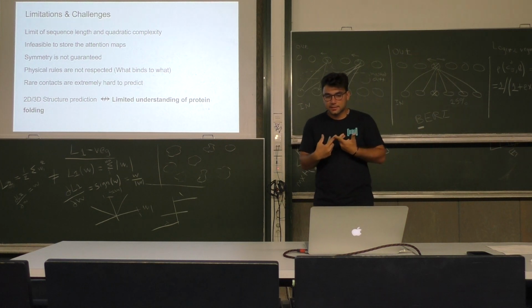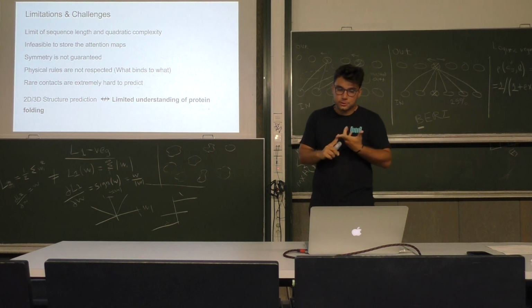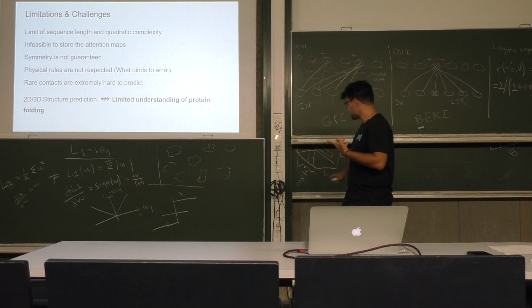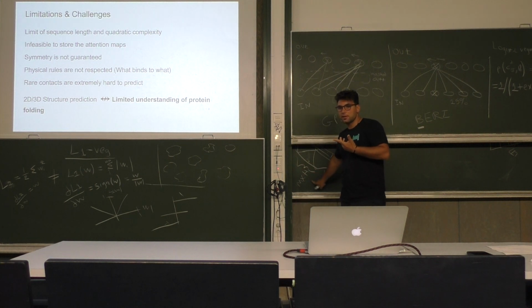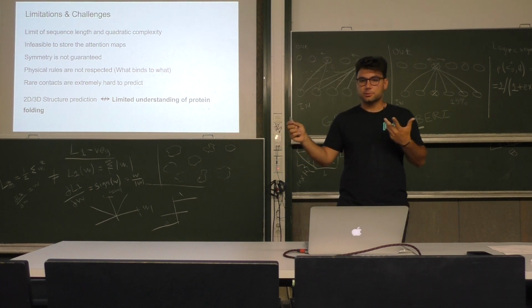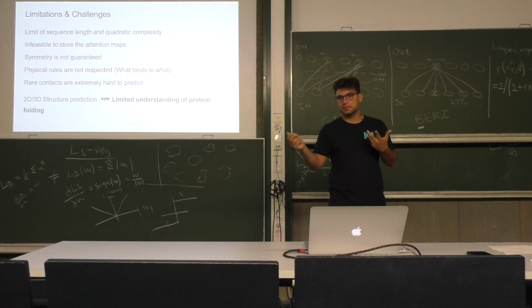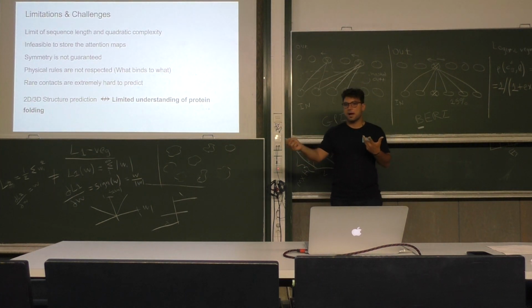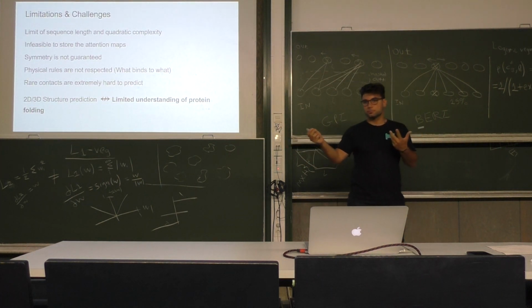The other thing is that storing 660 attention maps of L by L for each individual sequence, if you had 50,000 sequences like a test set, would result in terabytes of information.